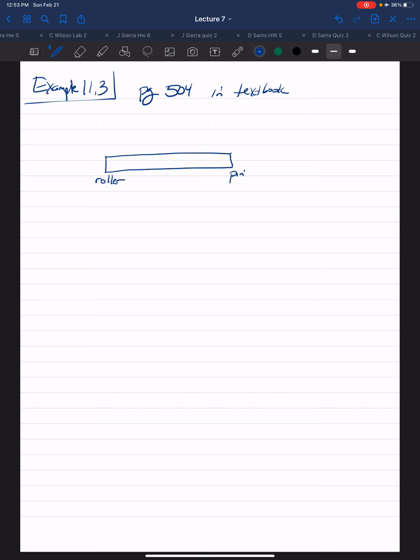So it has a trapezoidal loading, which we can make into a rectangular and a triangular loading. The rectangular loading intensity is 2 kip per foot.